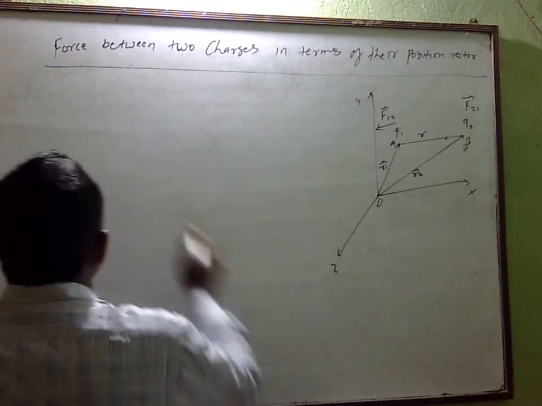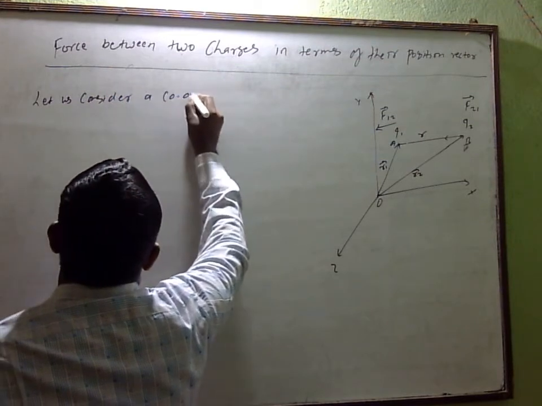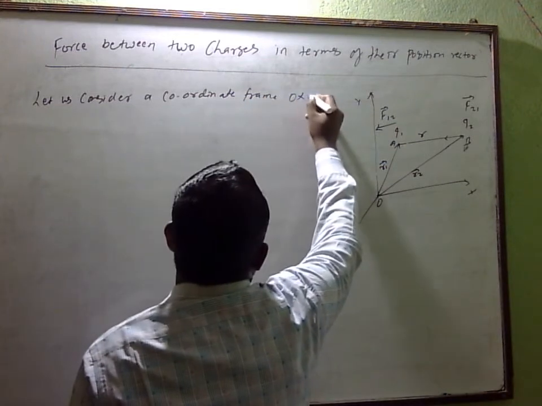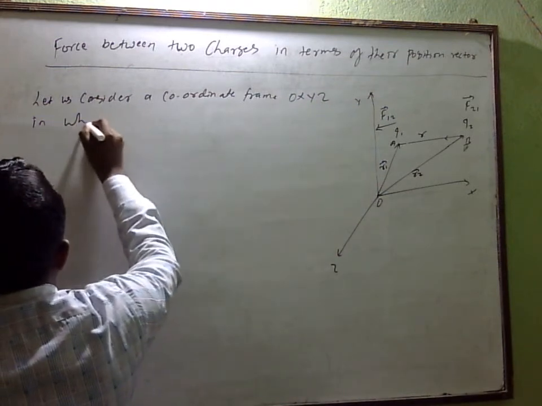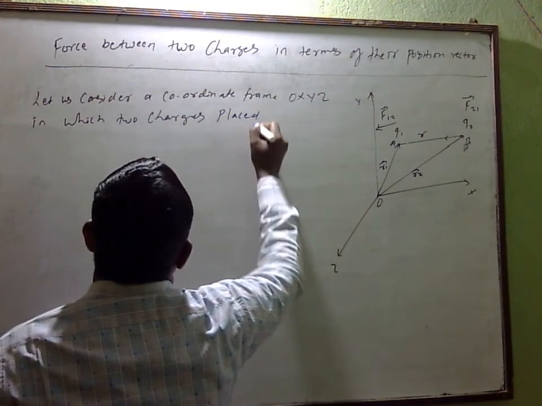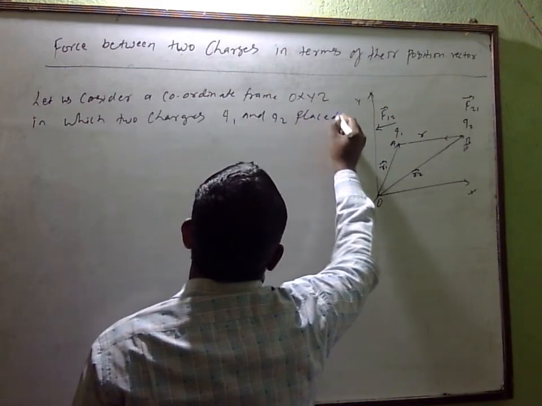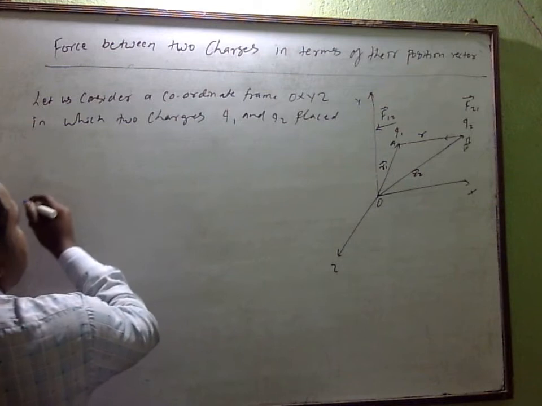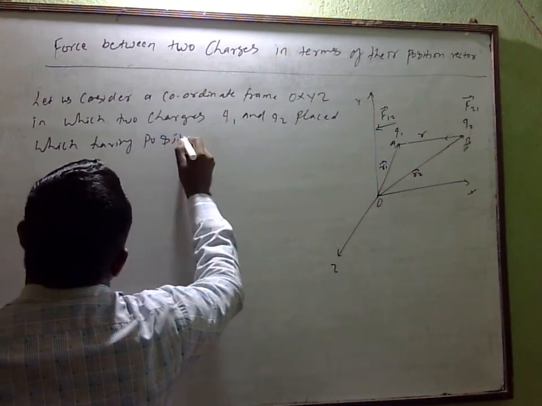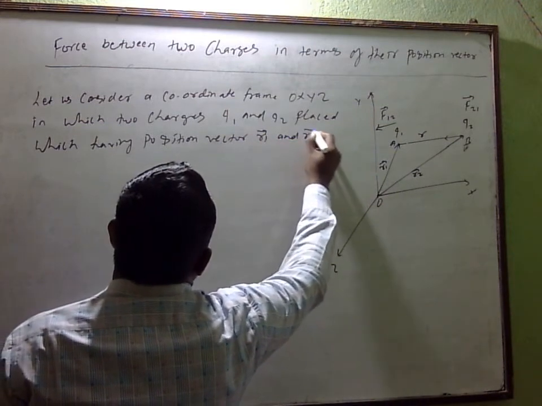So let us consider a coordinate frame OXYZ in which two charges q1 and q2 are placed, having position vector r1 and vector r2.